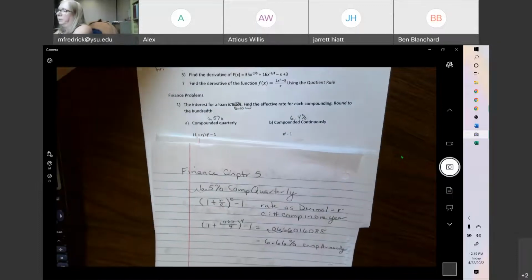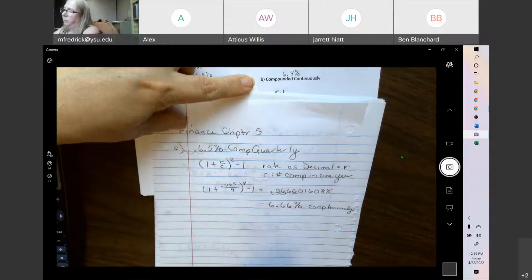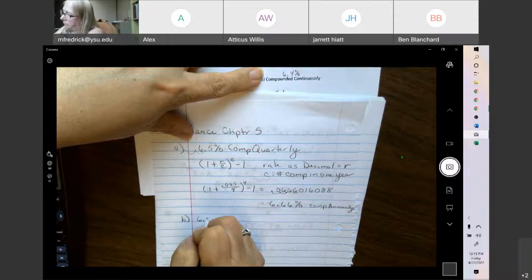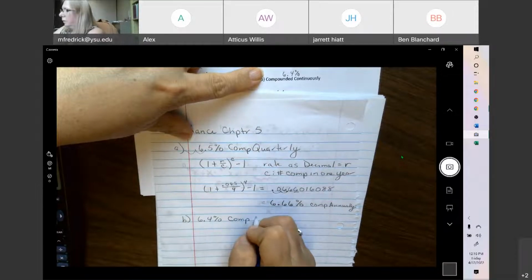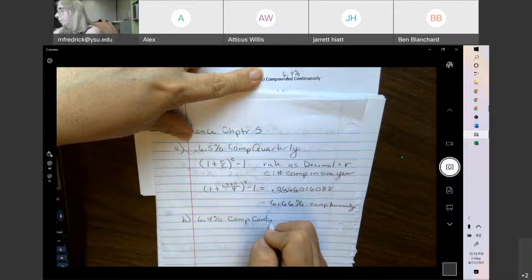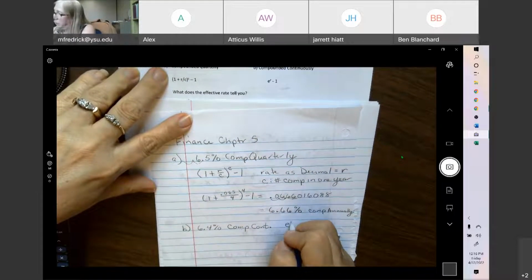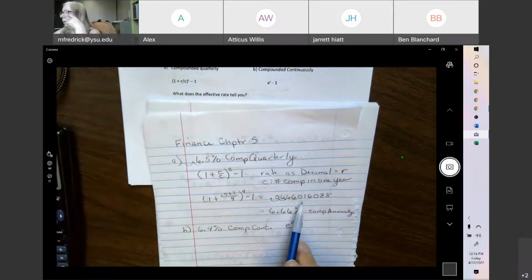We look at the next one, 6.4% compounded continuously. We use the formula e to the r minus 1. But everyone got this value, right?